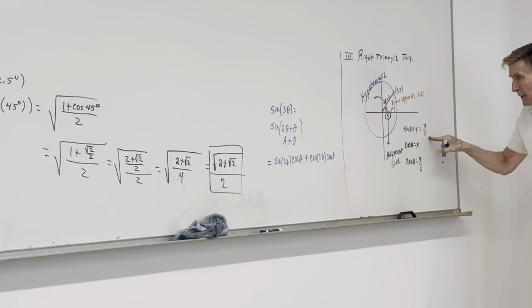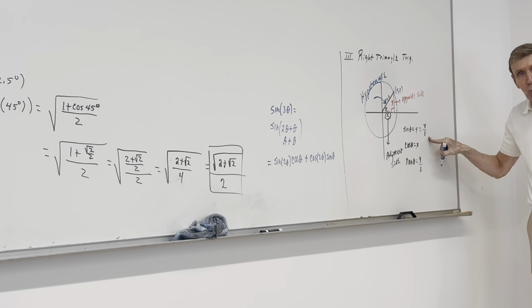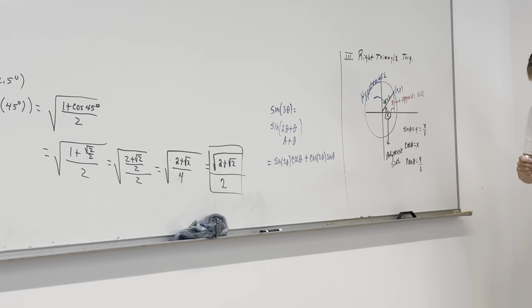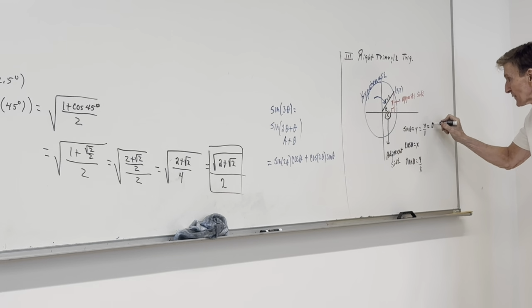So now, can someone tell me another way to express Y over 1, which is Y, using this new vocabulary? This is the same as saying what over what? Opposite. The opposite side, the length of it. Okay, opposite side. And the 1 was representing the hypotenuse.